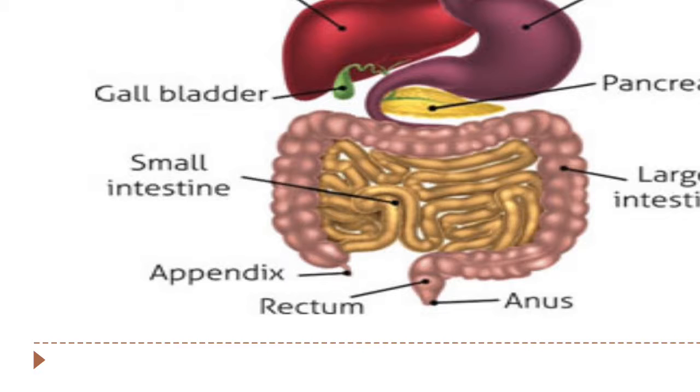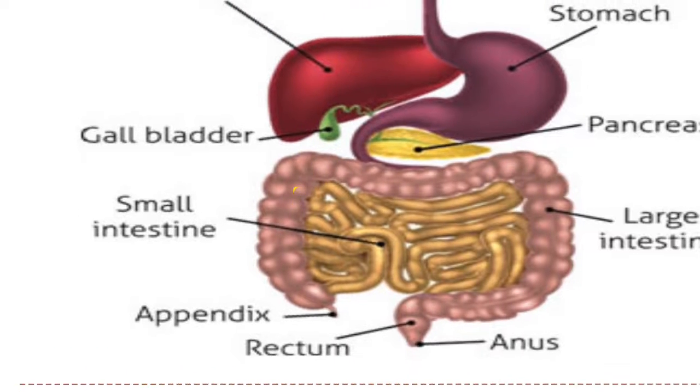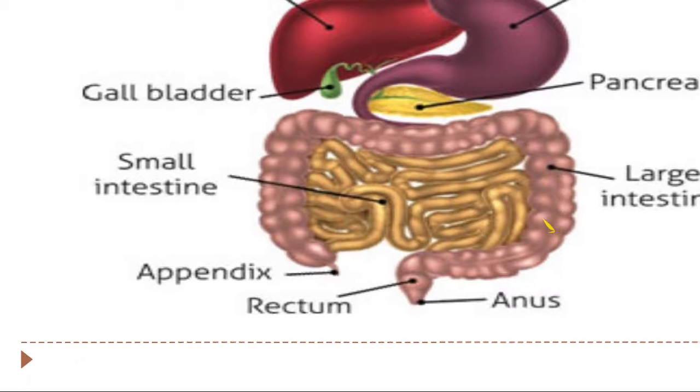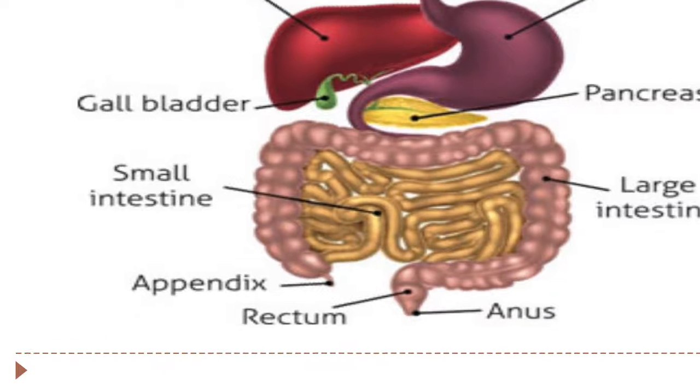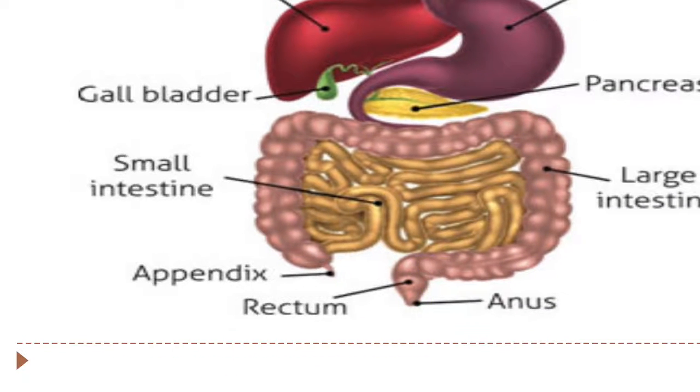When the remaining waste reaches the large intestine, by this time the water, remaining excess salt and other minerals will be absorbed in the large intestine, and finally after absorption of water and minerals, the remaining waste will go to the rectum and be excreted through the anus.